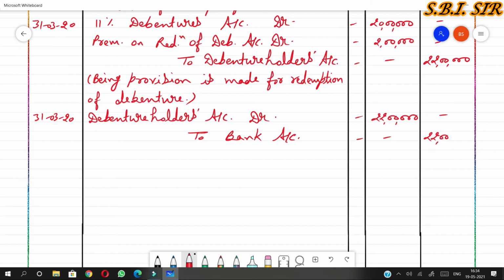Then narration being amount is paid to debenture holders.